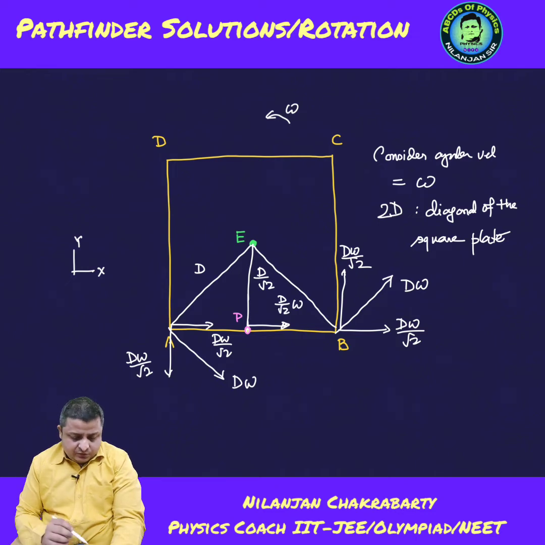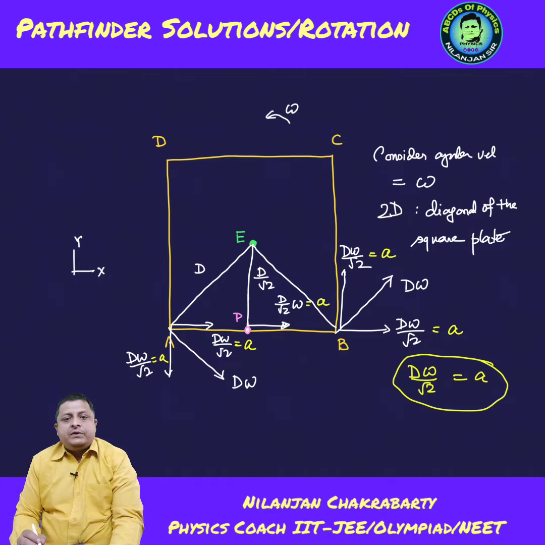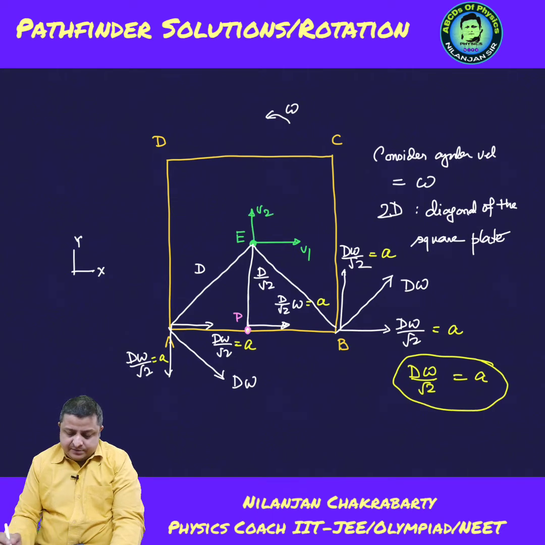Now suppose d by root 2 omega we consider as A for simplicity, so that we don't have to repeat all these terms. So d omega divided by root 2 is equal to A. Okay, and let the velocity of the point E be v1 i cap plus v2 j cap.